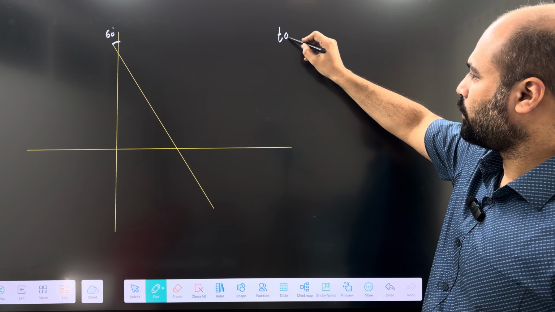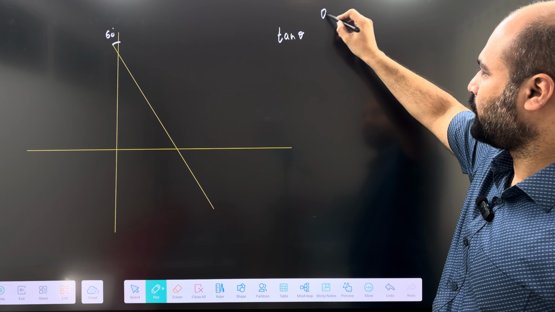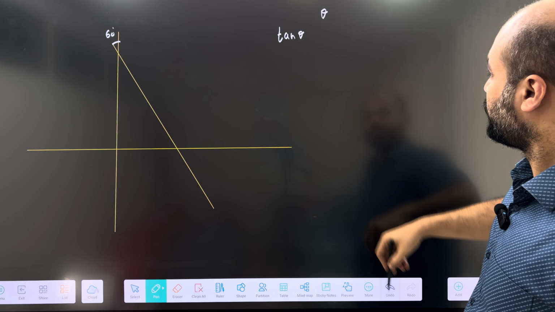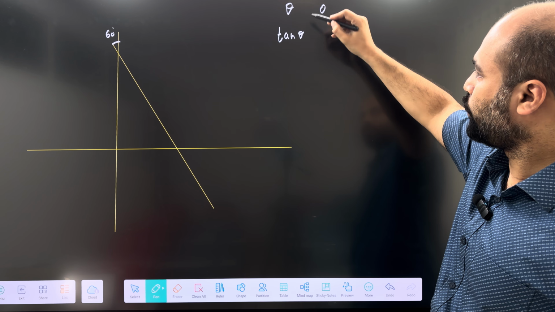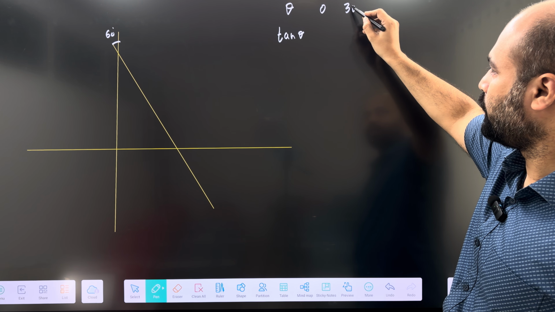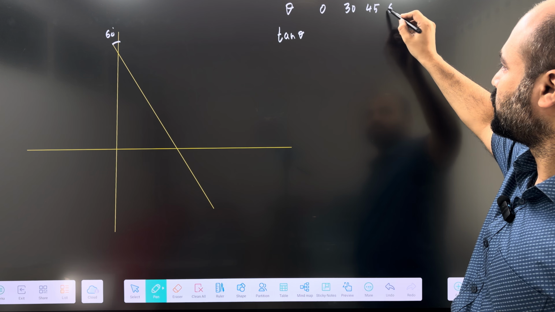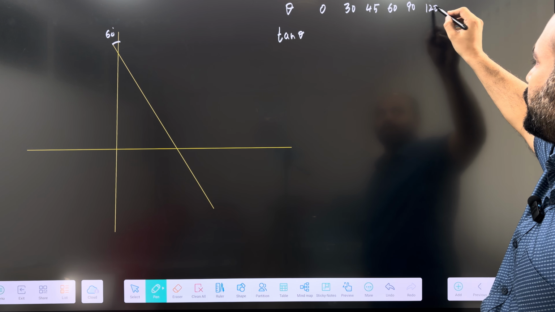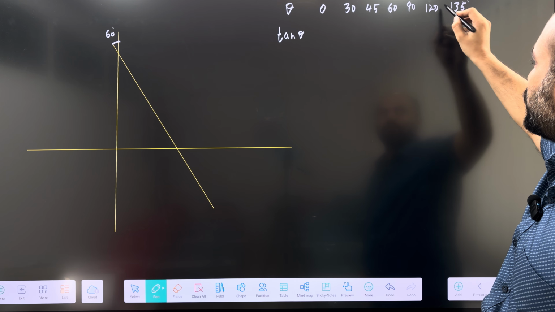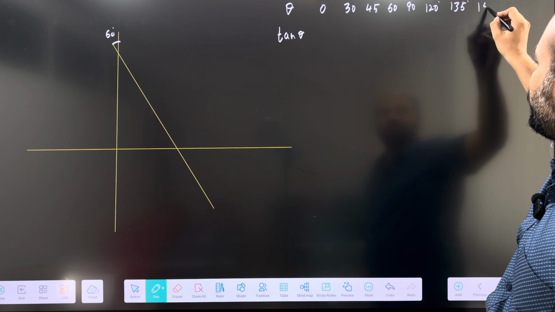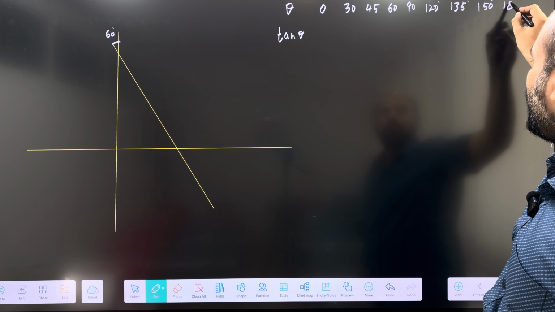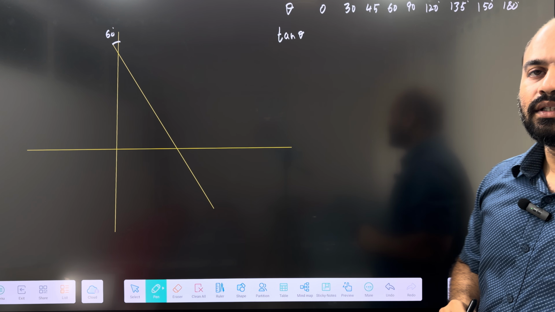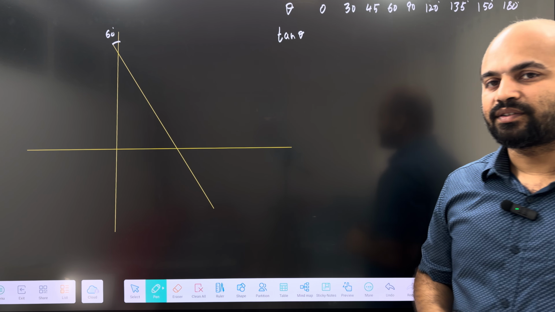So tan theta and theta. So let us say if we would have the standard angle as 0, 30, 45, 60, 90, and then going ahead 120, 135, 150 and 180. So these are the standard angles which would be required for physics students.